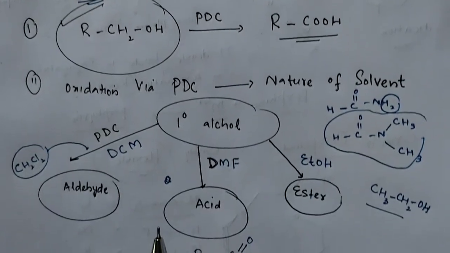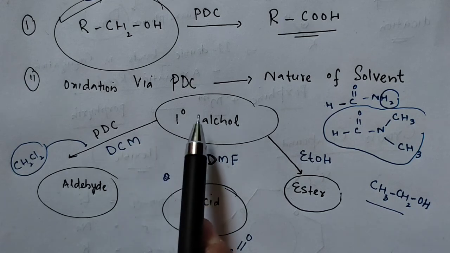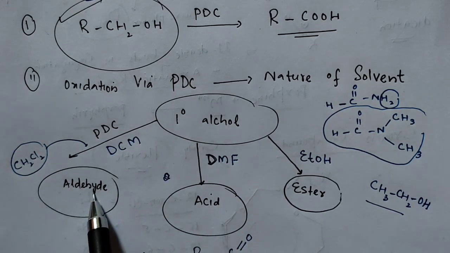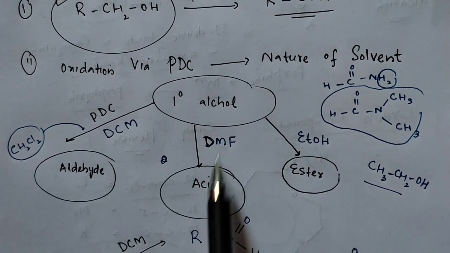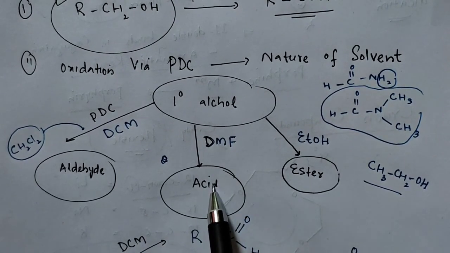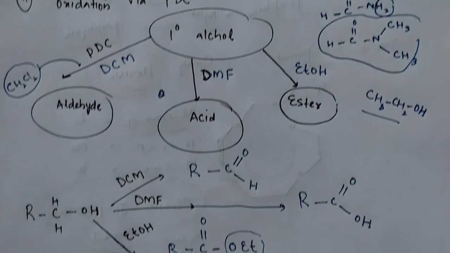For example, if your solvent is dichloromethane, then 1 degree alcohol will be converted to carbonyl compound. If it is in presence of dimethyl formamide, we have conversion to acid. In presence of ethanol, we'll get ester. Then let's have the example.